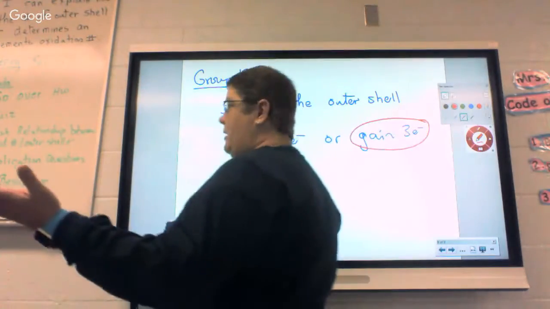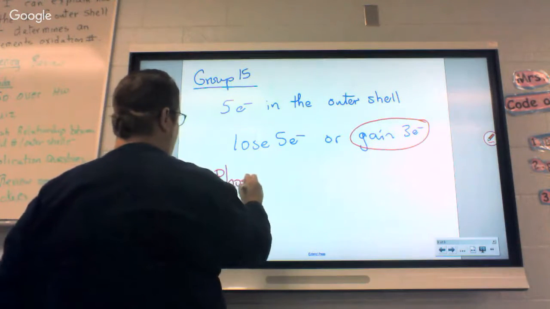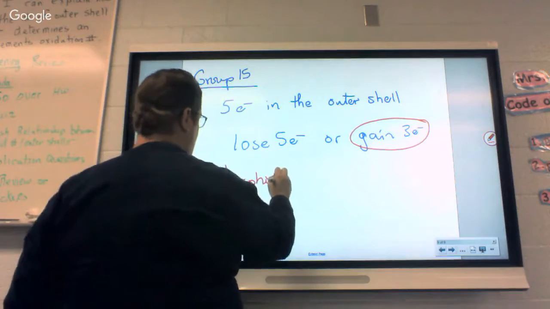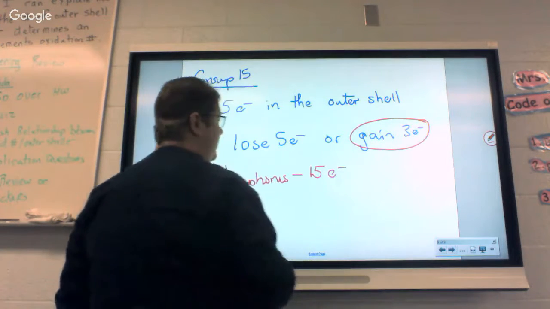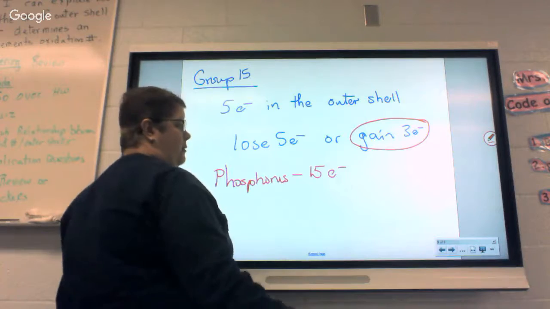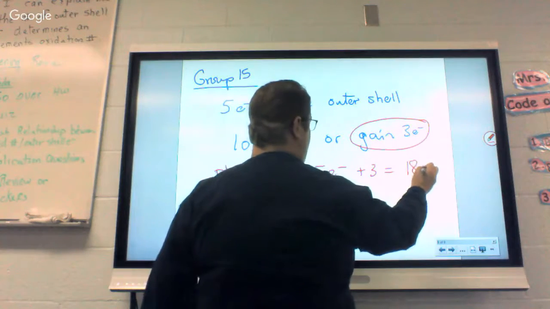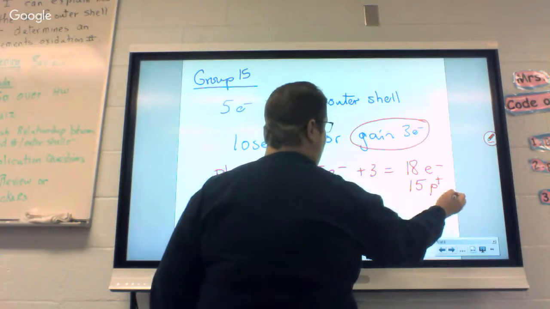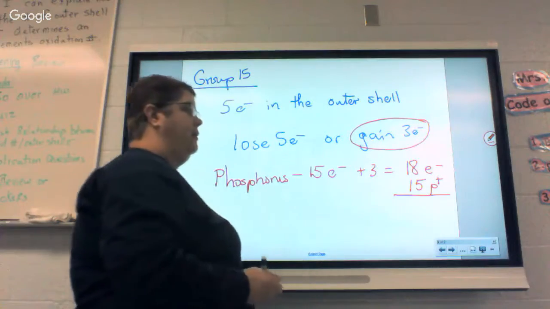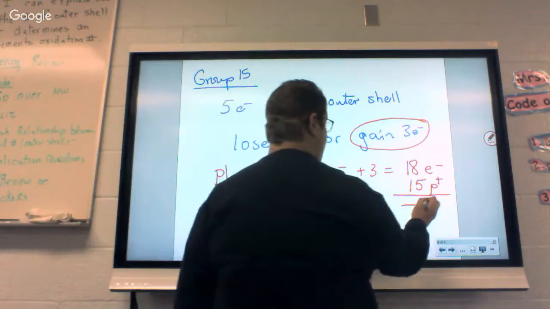So this time, let's just say we pick phosphorus, just to illustrate. Phosphorus has 15 electrons. If I gain 3, I would have 18 electrons and 15 protons. So I would wind up with what for an oxidation number? -3.